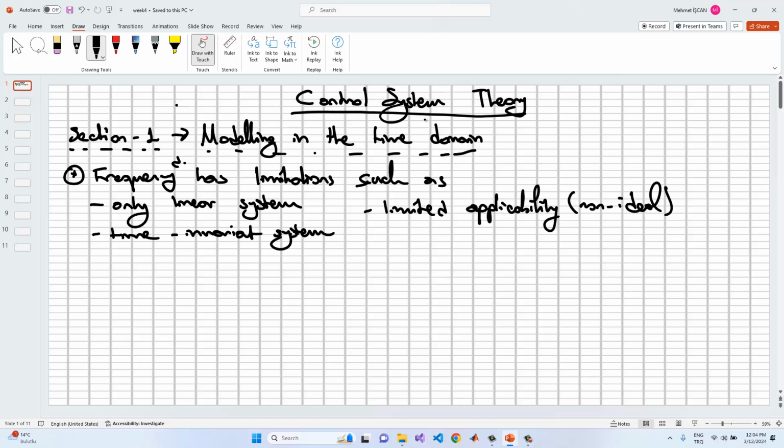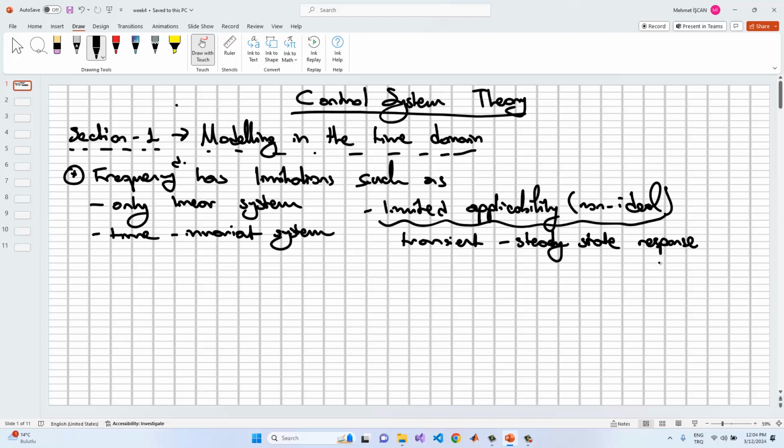But we can also say that we have some useful properties in the frequency domain. We can analyze the transient response or steady state response easily, but in nonlinear systems we cannot easily analyze these. We cannot easily find the final value of the system for a given input.